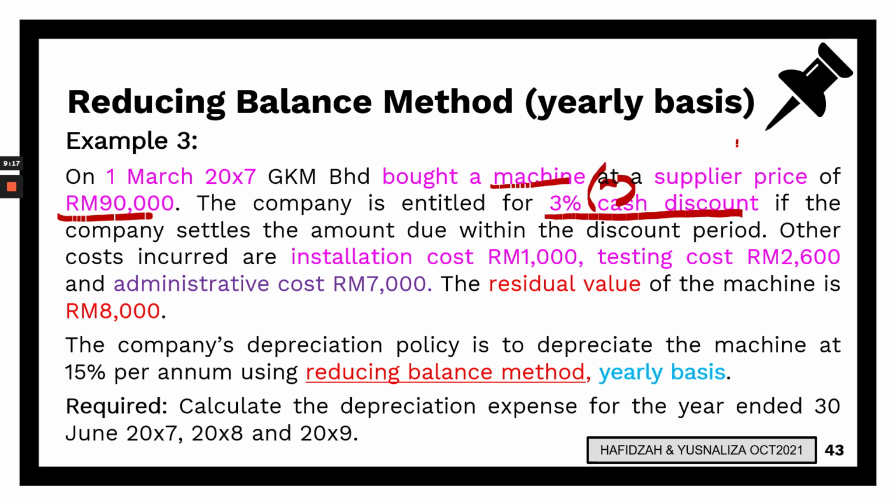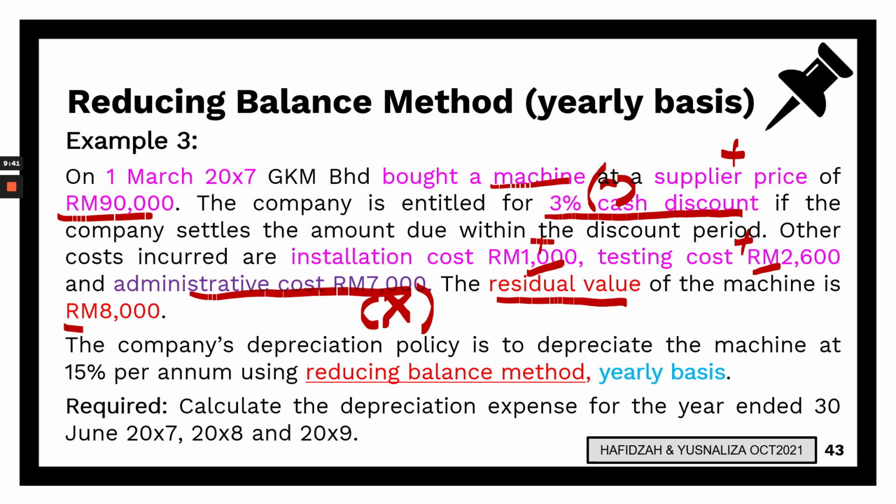Supplier price to be added. There are installation costs. This must be added. Testing cost must be added to get the initial cost. Administrative costs are not included because these are not capital expenditure.